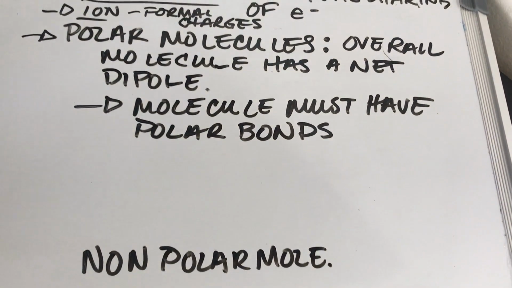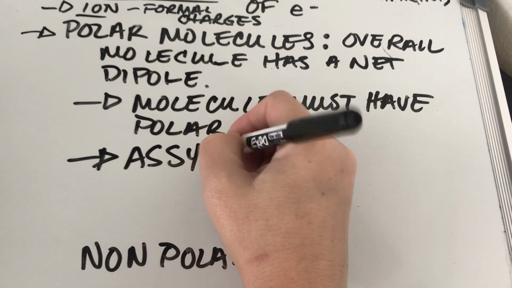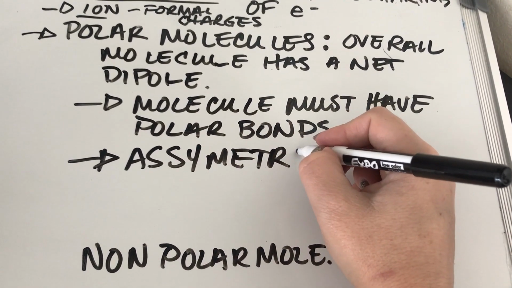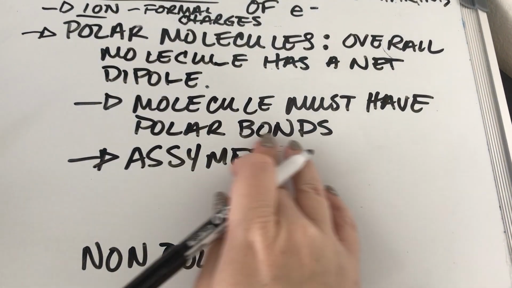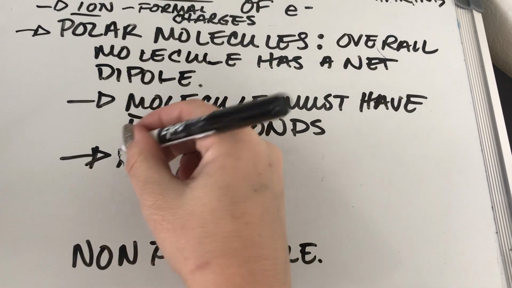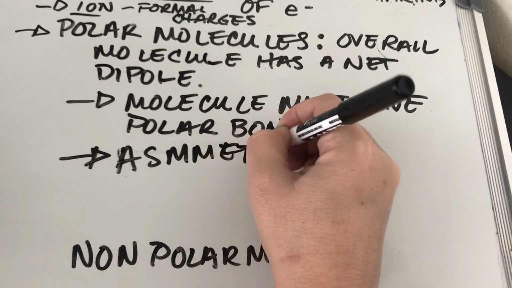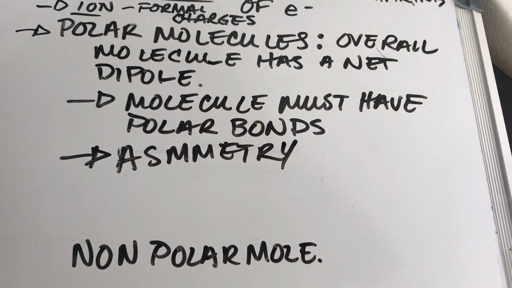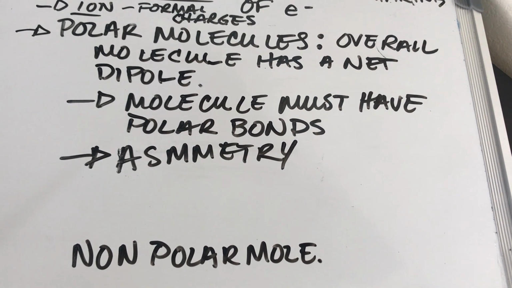The next thing we have to have is asymmetry. Let me try that again. You guys, I have no idea how to spell. This word in particular just ruins my life.